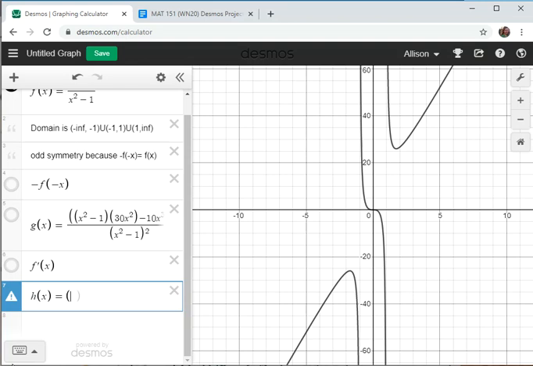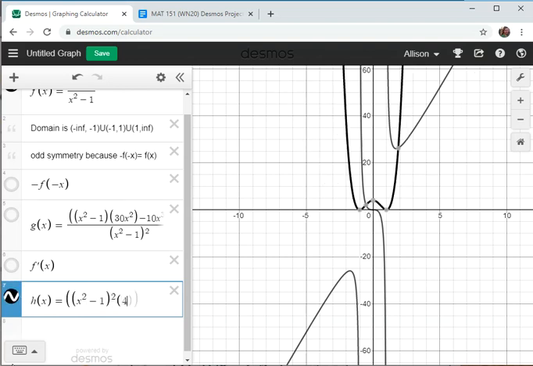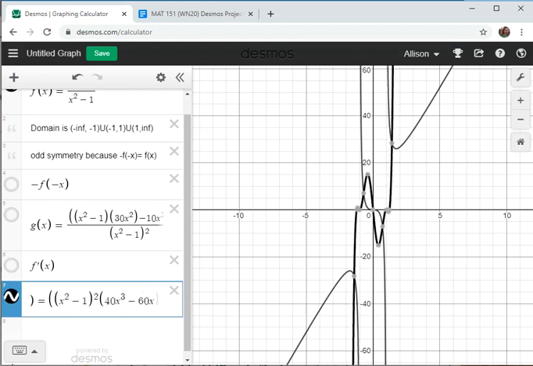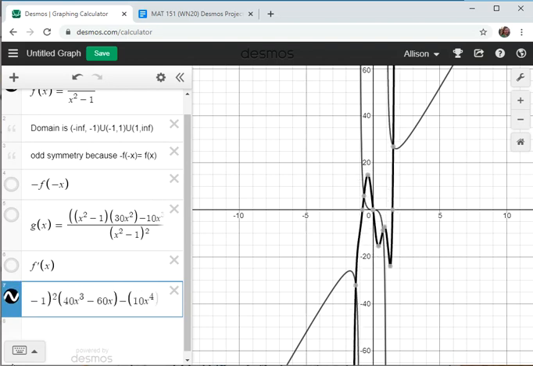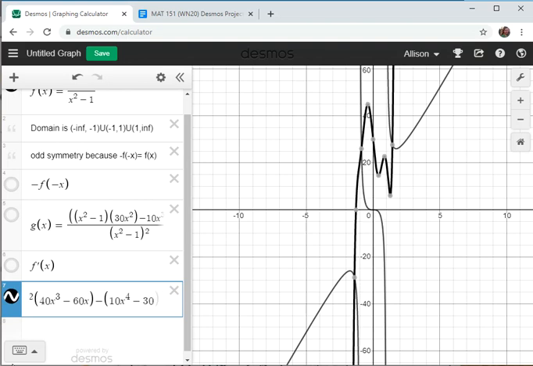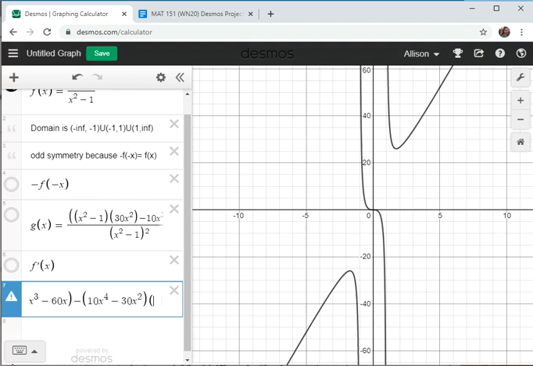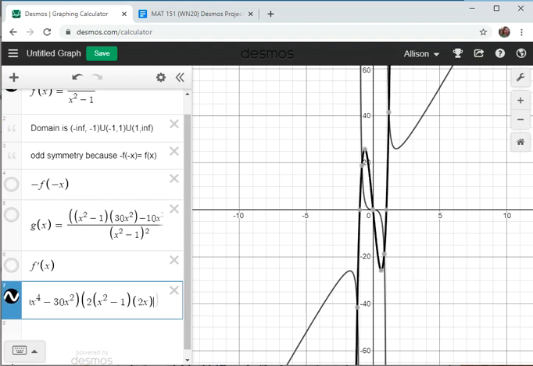So first of all, parentheses, parentheses, x squared minus 1 squared times 40x to the third minus 60x minus 10x to the fourth minus 30x squared times 2 times x squared minus 1 times 2x.